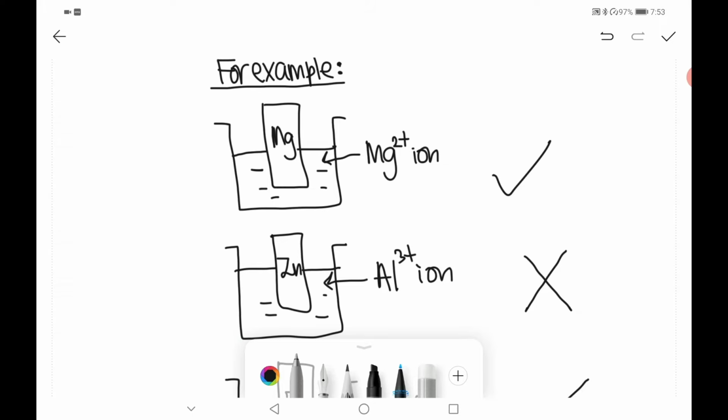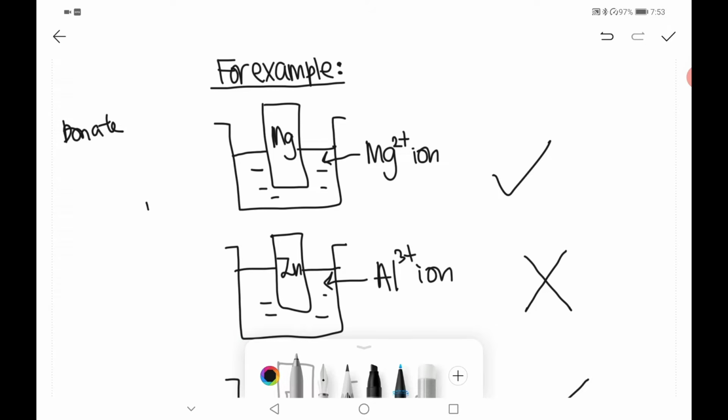So in the half cell, what is happening? Two processes. The metal will donate the electron, and the metal ion in the solution will receive the electron. So this one donates electron, this one receives electron.